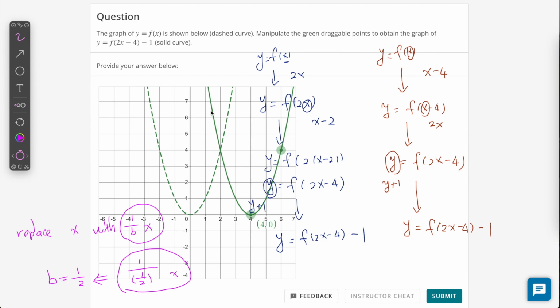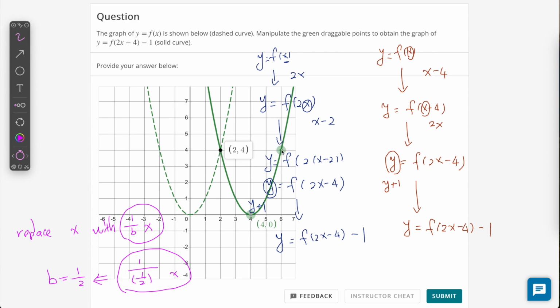So the horizontal compression for this graph is a little bit complicated because you are supposed to compress the x coordinates of all these sample points. So for example, this sample point is going to get moved to this point, right? 4 becomes 2. And this point, 2, 4, is supposed to go to 1, 4.